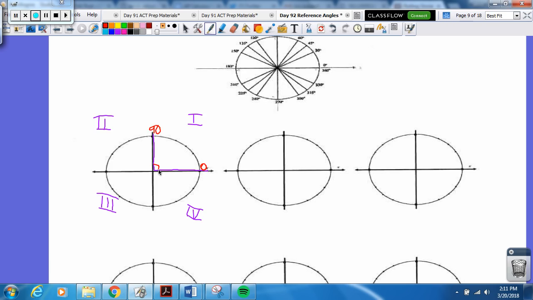We know that this right here is a straight angle, so half a circle around, that is 180. And then add another right angle to that, so 180 go another 90, and that would be 270. And then the full circle all the way back would just be 360. So we know that before. Okay, now we're going to add a bunch of stuff to it. So 0, 90, 180, 270, 360.